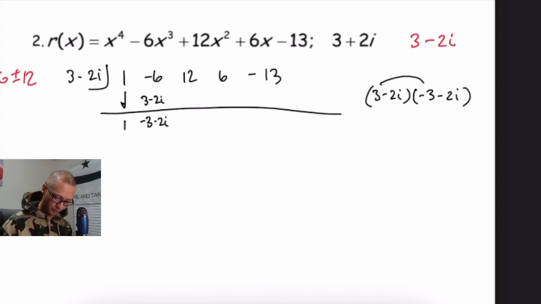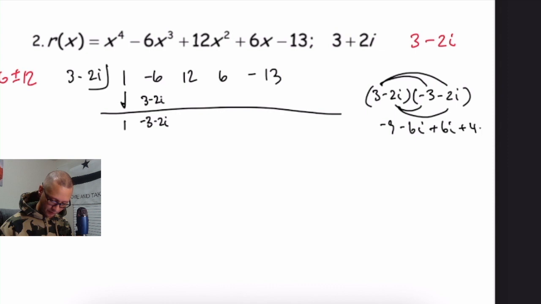All right, using FOIL, get negative 9, negative 6i, positive 6i, positive 4i squared.